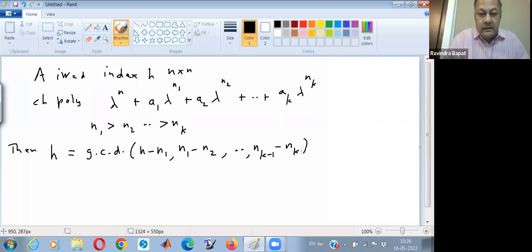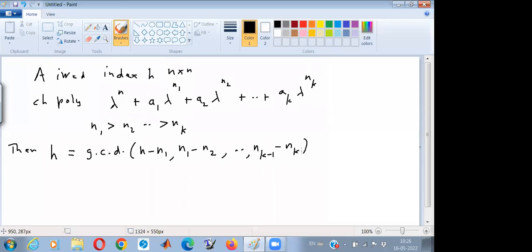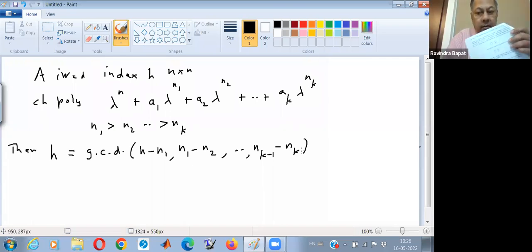I'm not saying that these are the cycle lengths, but it turns out that the GCD of these numbers is also equal to the index of imprimitivity. Any question? Okay, so these are two different ways of describing the index. One was the GCD of cycle lengths, and one is this GCD of these differences of coefficients' exponents.